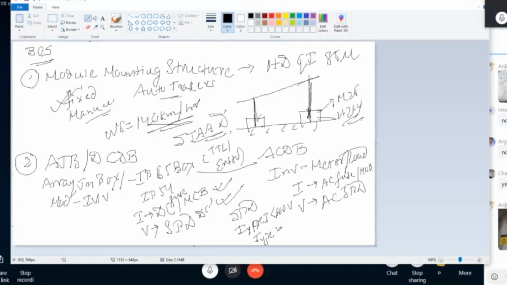Type 2 is 1000 volt and type 3 is greater than 1000 volts.